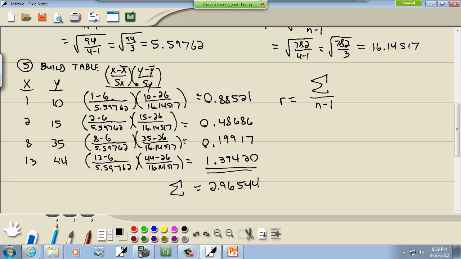So the sum right here, which is the sum of these, so that'd be 2.96544 over 4 minus 1, because we've got 4 sets of points. Divided by 3. And the 4 decimal places would be, actually I'll take it to 5 just in case, 0.98848. Okay.